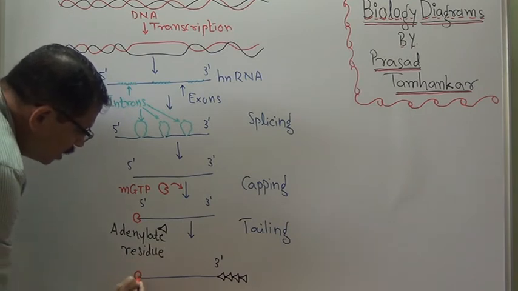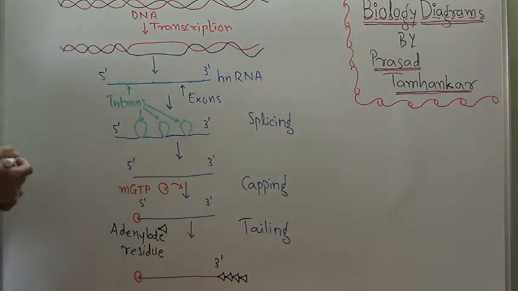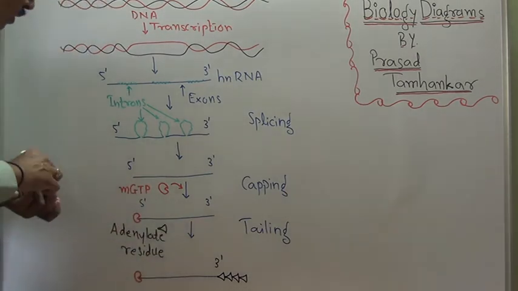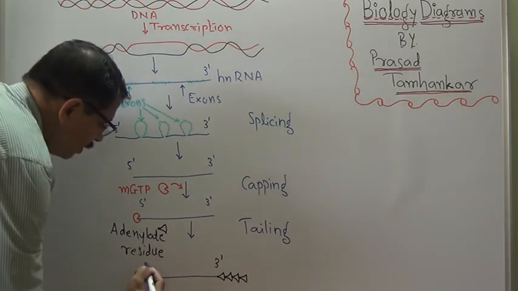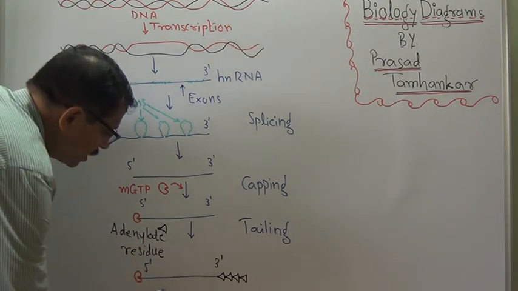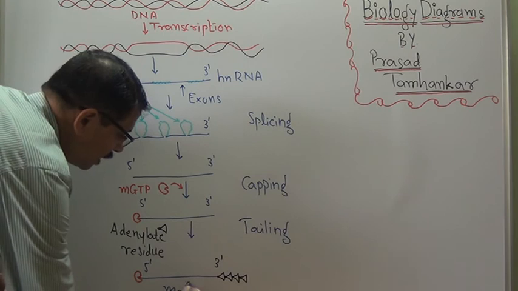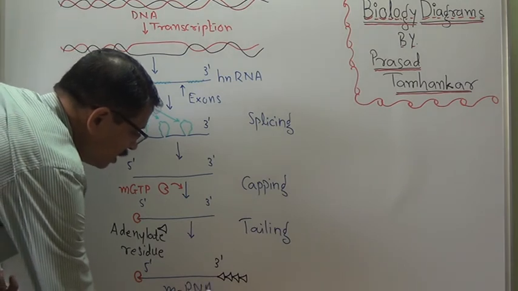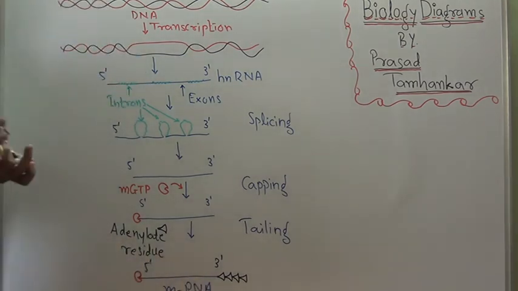So after these three processes of capping, splicing, tailing, the RNA now formed will be called mRNA, and this mRNA will be ready now for undergoing the process of translation.